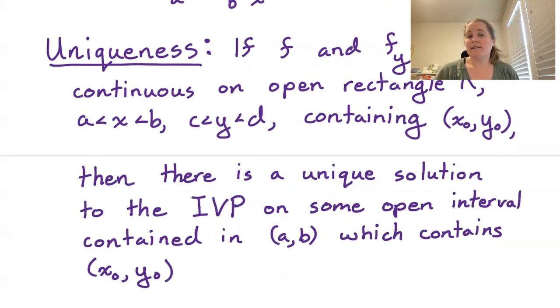So again, existence, we just need the continuity of f over this open rectangle. Uniqueness, we also need continuity of that first partial with respect to y. So in the next video, we will go ahead and do a few examples and find where we have our solution and where we have our unique solution.